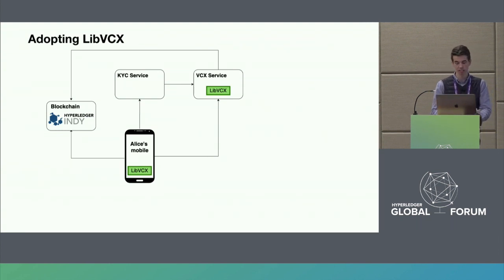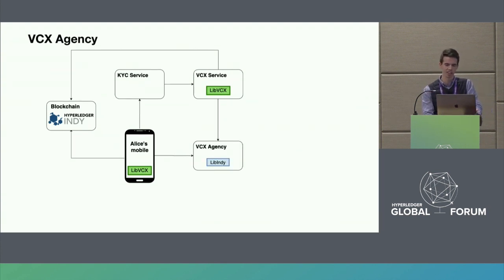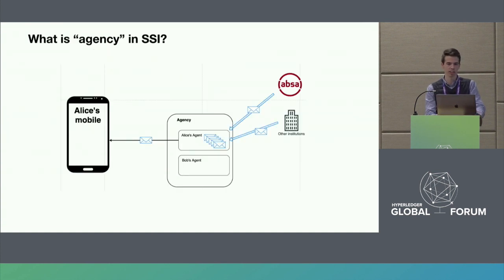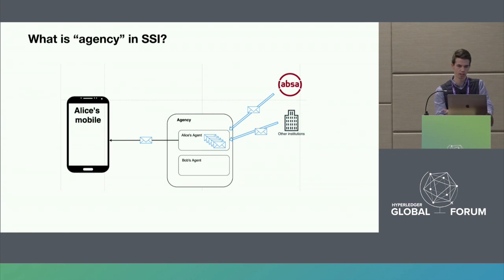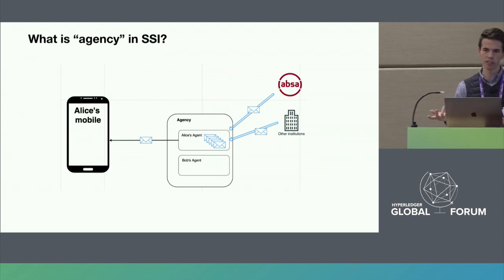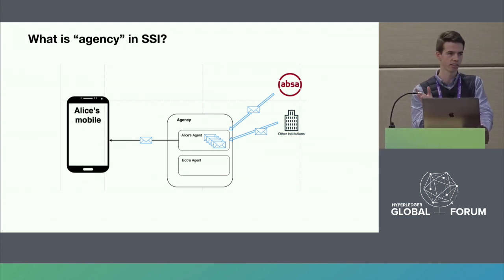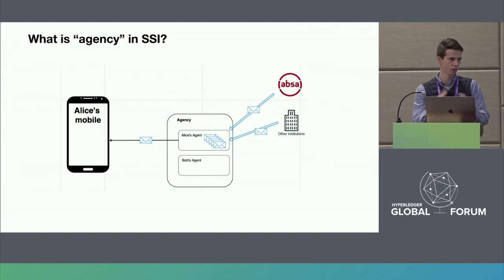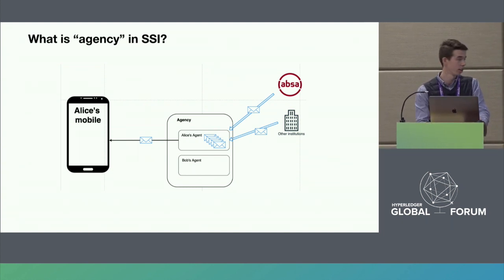What I intentionally didn't tell you yet is that out of the box, although there are ways around it, VCX is meant to be run against an agency. And agency is a well-established term in the SSI community. Basically, an agency is a service which can act on behalf of a user. Here in this example we have Alice's phone.